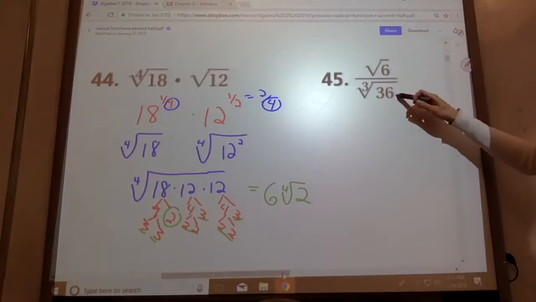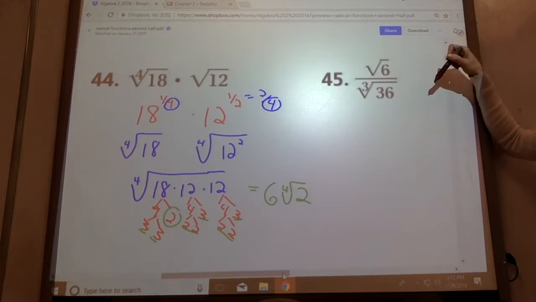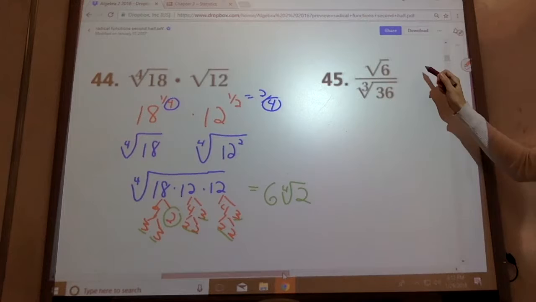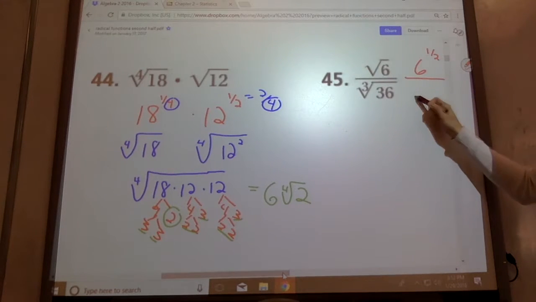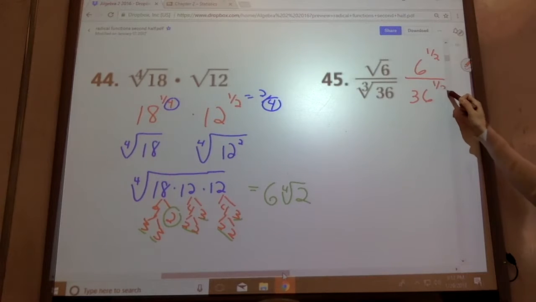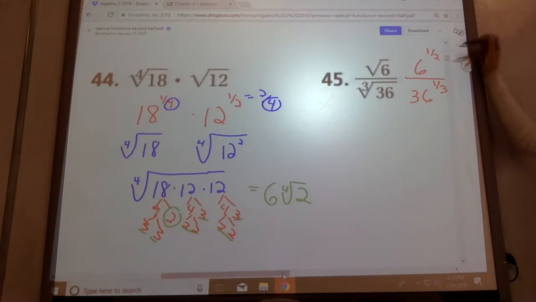How about this one? How do I make same bases or same index? 6 to the 1/2, 36 to the 1/3. So I can't make same index, right? 1/2 and 1/3, not going to happen.